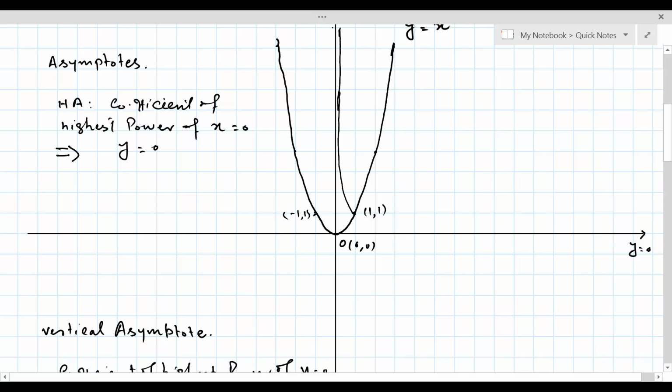And similarly, for the graph coming on the other side, it has to pass through this point. And now the graph must travel all along the negative x-axis as well as the positive x-axis.